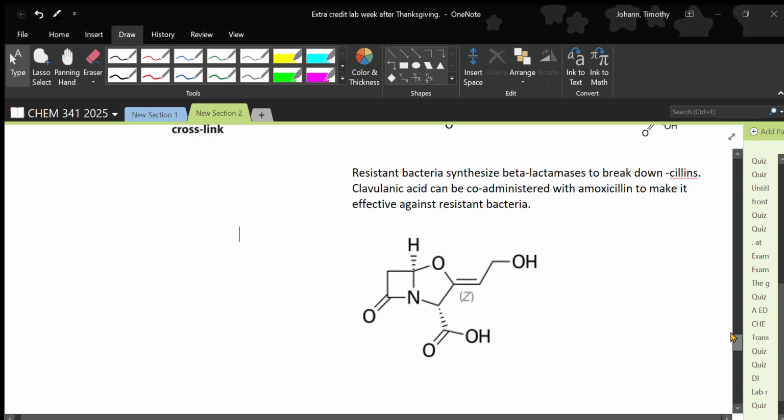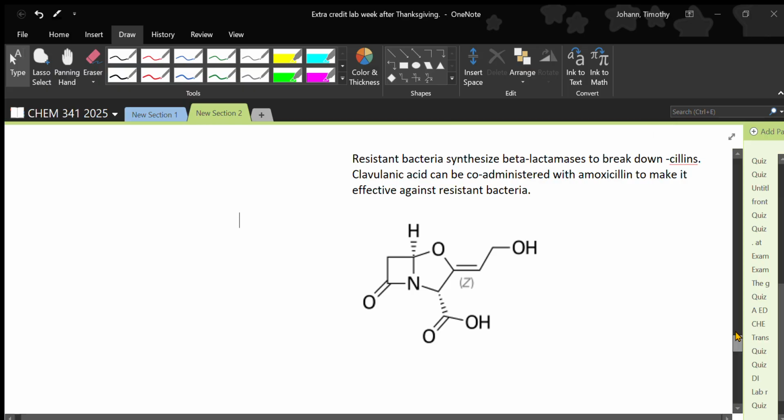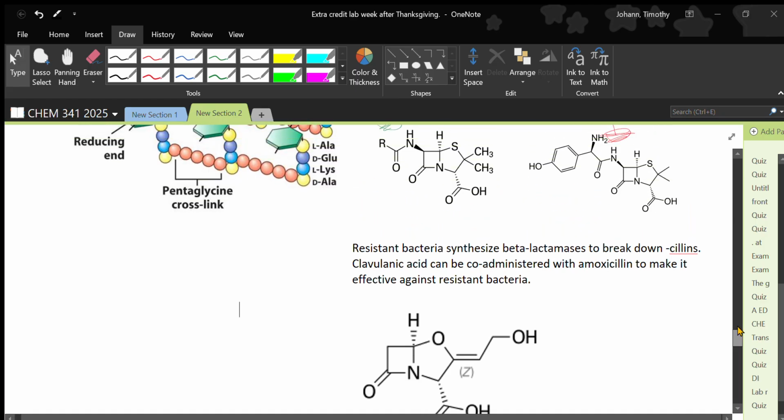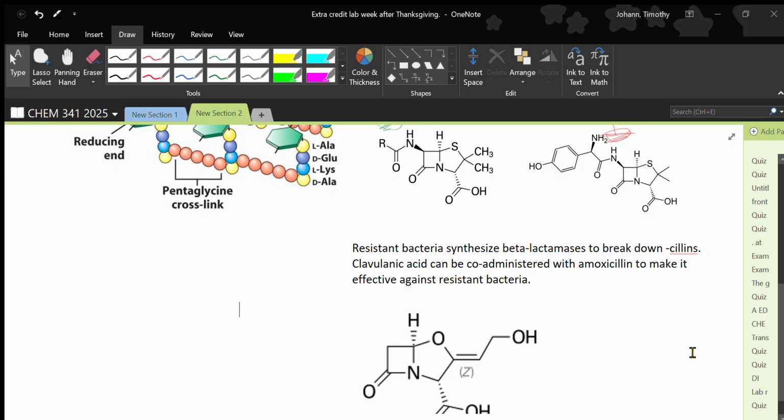You notice anything interesting about the structures here of the cillins and the clavulanic acid? If we look here, we've got a ring that doesn't have a sulfur, it has an oxygen. But we do have a similar shape.